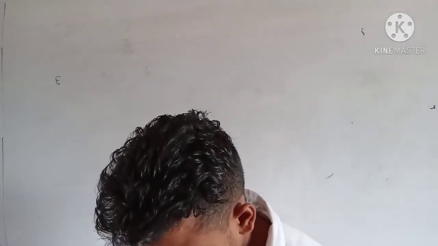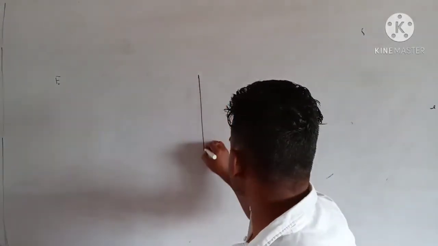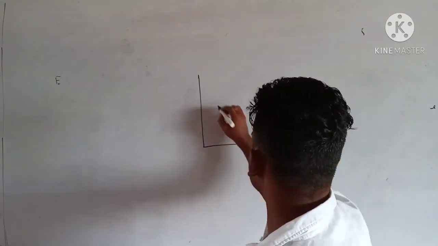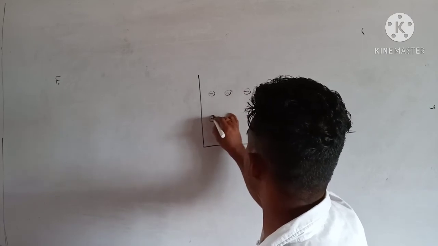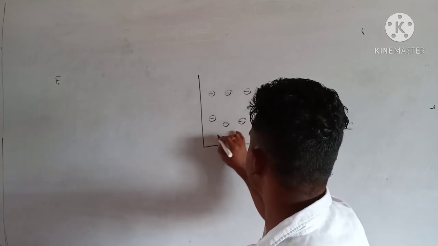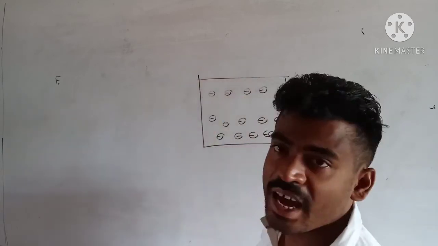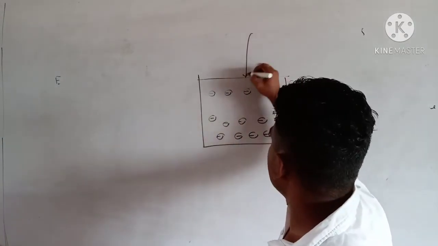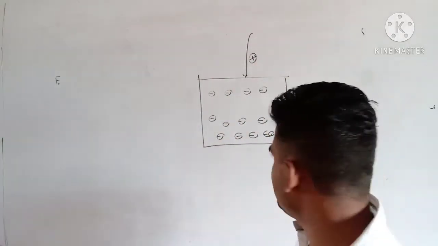Suppose a colloidal solution is there. I am considering this one as a negatively charged colloid. Okay, so if I add a positive ion in this colloidal solution, then what happens?